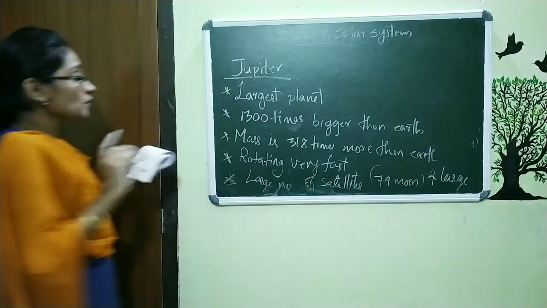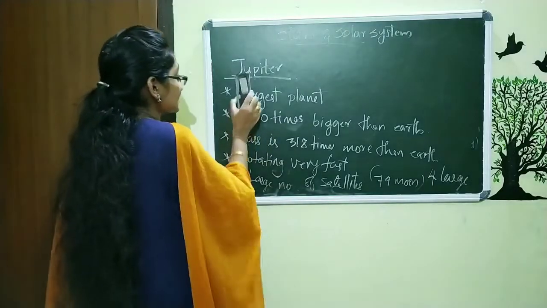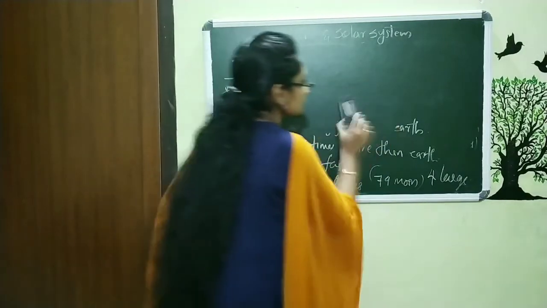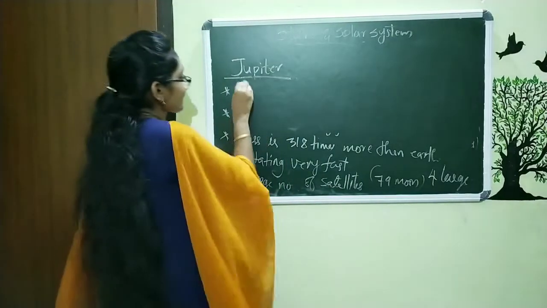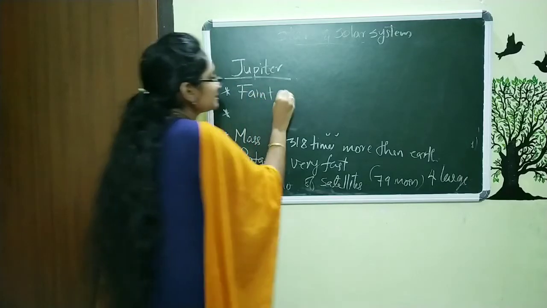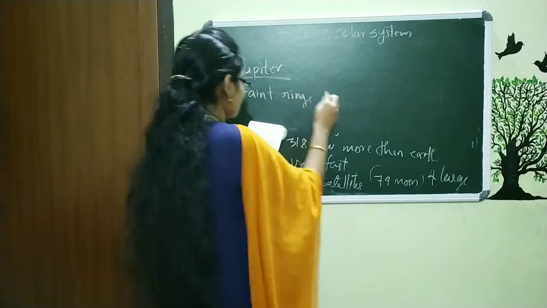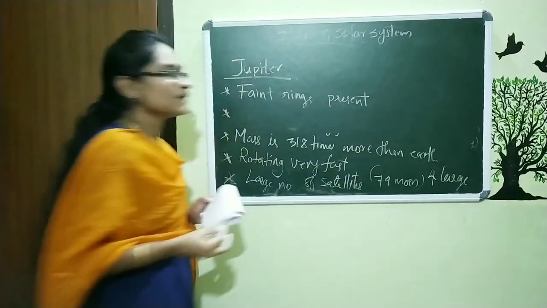And another point for this Jupiter is this. It has faint rings present. What is this faint ring?